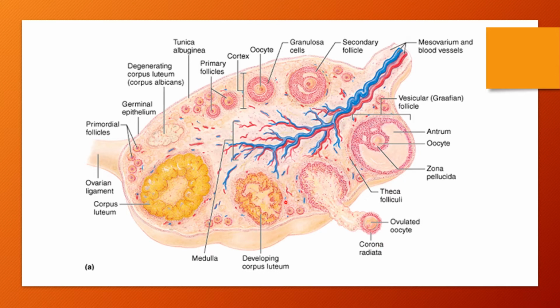It becomes your corpus luteum, the developing corpus luteum, and later on it will degenerate into your corpus albicans. But once the egg is fertilized, your corpus luteum will be prolonged. Its life will be prolonged around 2 to 4 months of pregnancy.